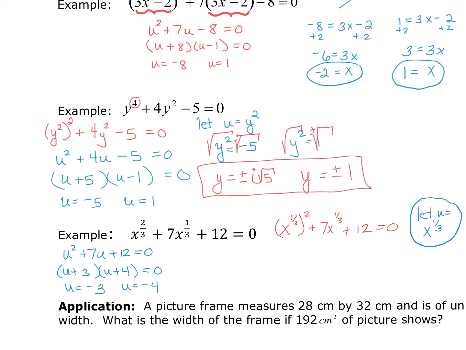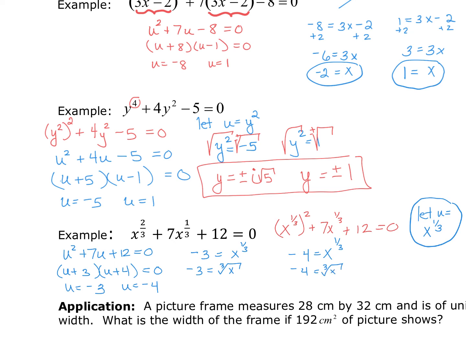And then I say negative 3 equals x to the 1/3, and negative 4 equals x to the 1/3. If it helps you, remember that a 1/3 exponent is a cube root. So we could write this as negative 3 is the cube root of x, and negative 4 is the cube root of x.